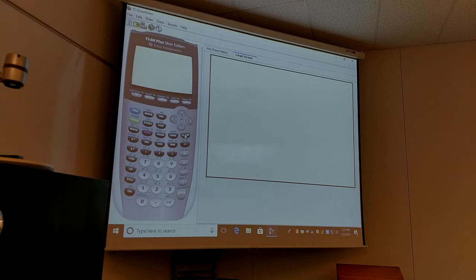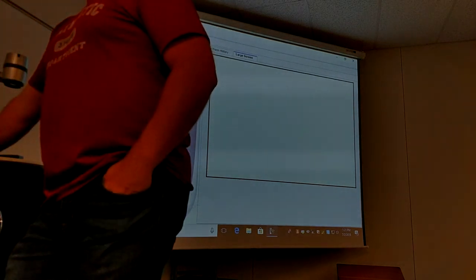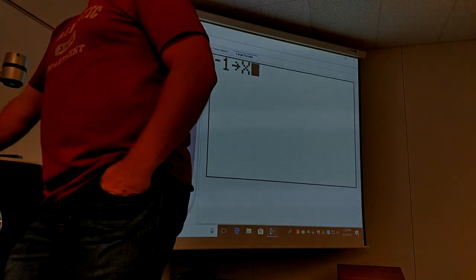So what I want to capture is this: xn plus 1 equals xn minus f of xn divided by f prime of xn. This is kind of nifty. Where do we start? Negative 1. So let me store negative 1 in x.